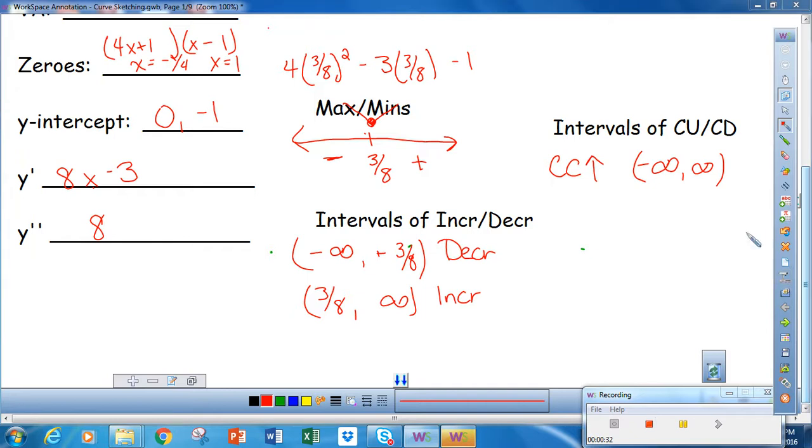What else do we need to know? Okay, I think that's all we need. We do need to know what this minimum value is, and I don't have a calculator, but you would figure that out. That would be 4 times 9 over 64 minus 9/8 minus 1, and I have no idea what that is without a calculator.